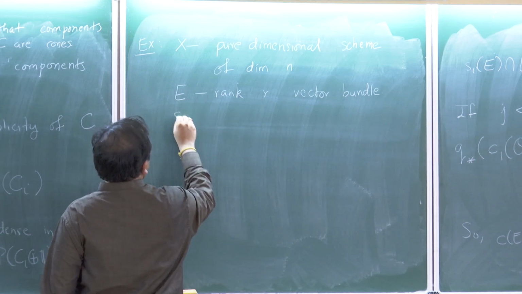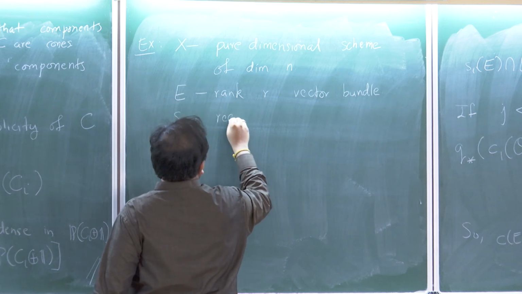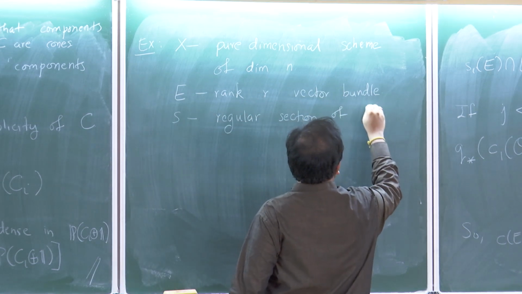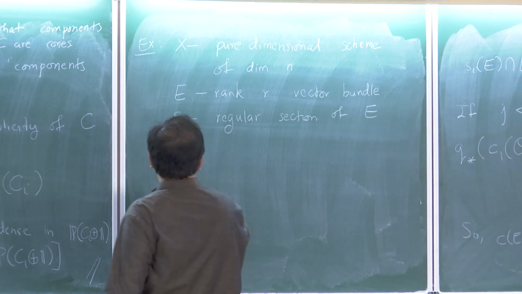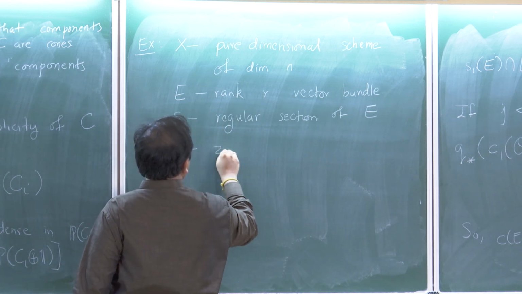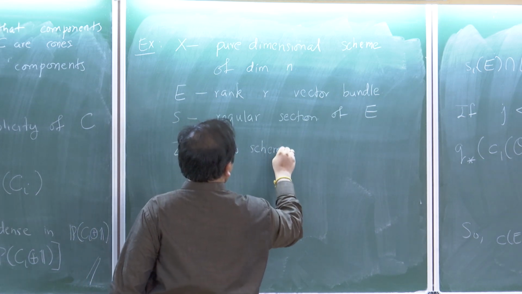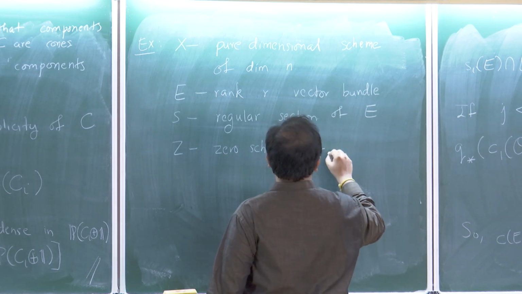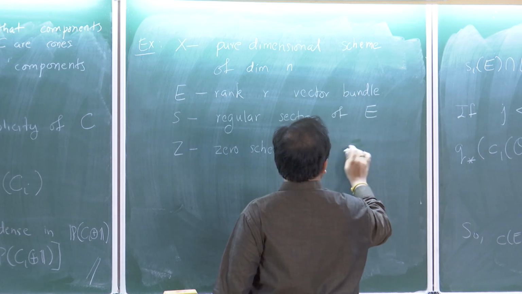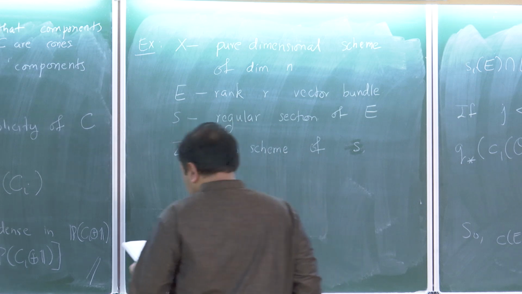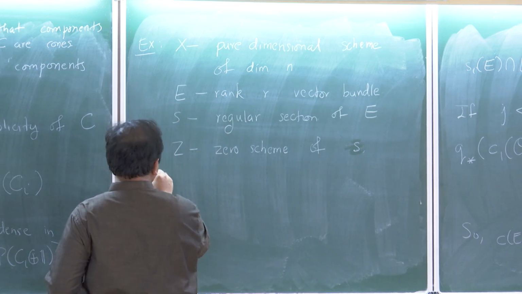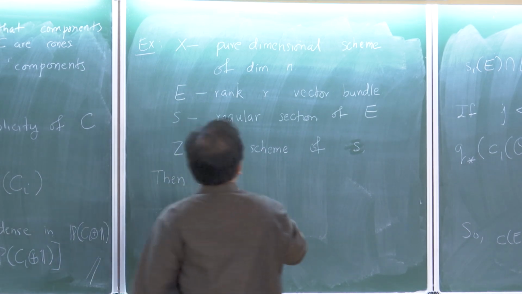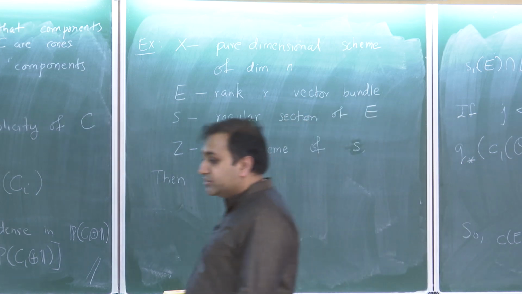And let S be a regular section of E, and Z be the zero scheme of S. So then what I want to show is, you've seen that the Chern classes vanish after the rank.